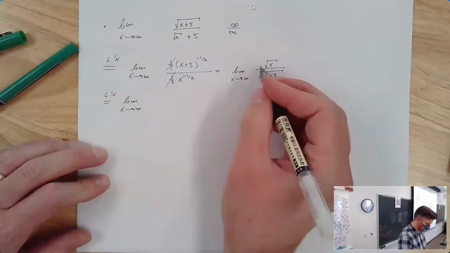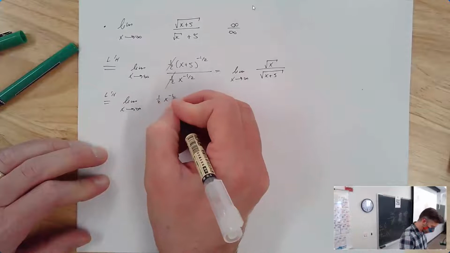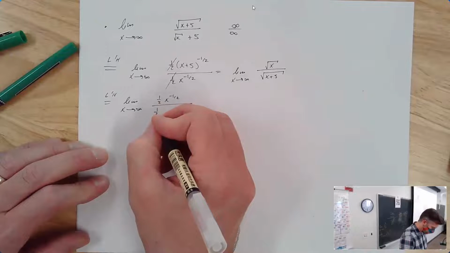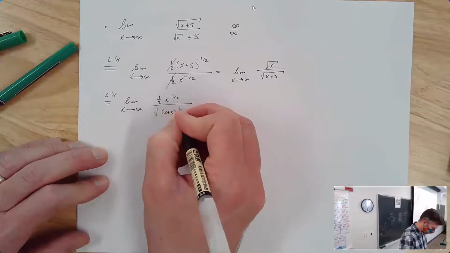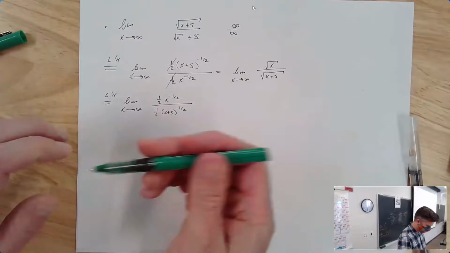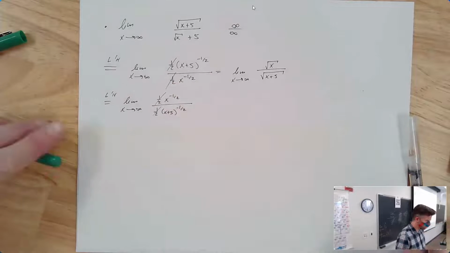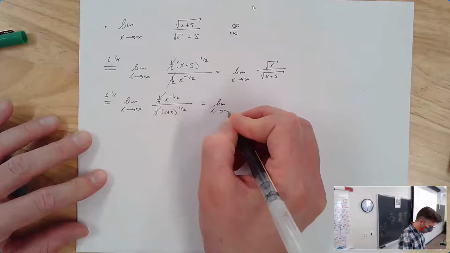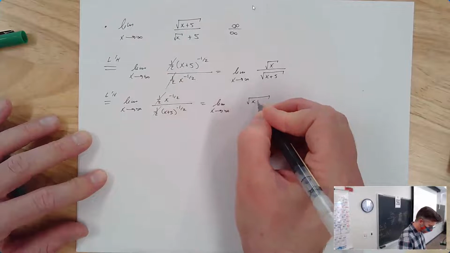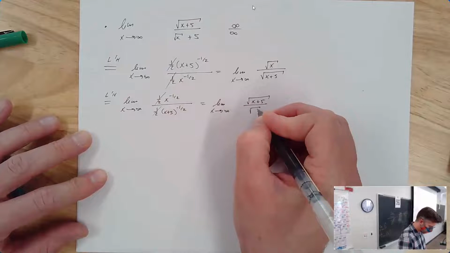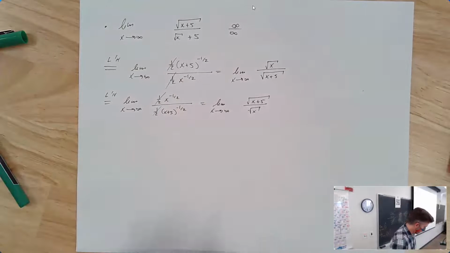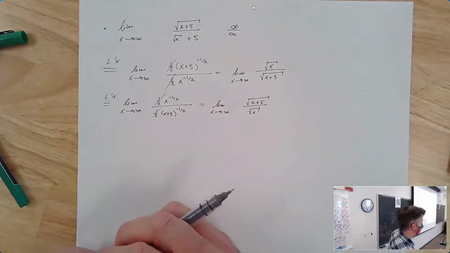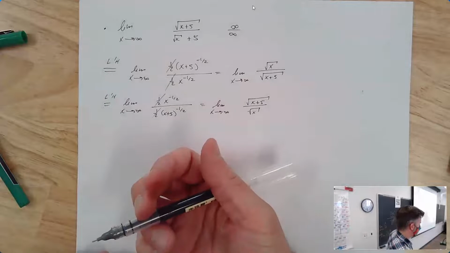The derivative of the square root of x is 1/2 x to the minus 1/2. The derivative of the square root of x plus 5 is 1/2 times x plus 5 to the minus 1/2. And oh no, if I simplify this, I'm essentially back to where I started: the square root of x plus 5 on top, square root of x on the bottom. I'm in a loop here. If I keep going, I'm going to keep getting the same thing.